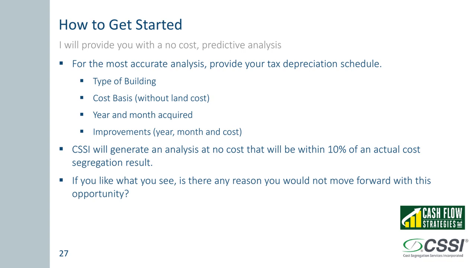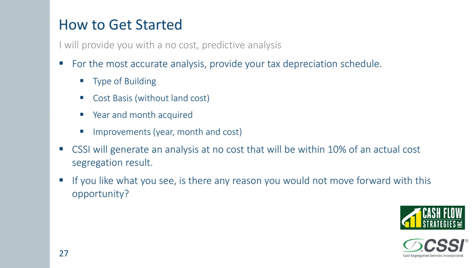But really all I need to know on the building is the type of building, office building, medical building, warehouse, whatever, and the cost basis. That's the cost of the building, not including the land. If you don't know that, that's fine. We can calculate that. I just need to know when you give me the figure whether or not it includes land. The year and the month they acquired it or built it, and any improvements that they've made since they purchased it or built it, year, month, and cost.